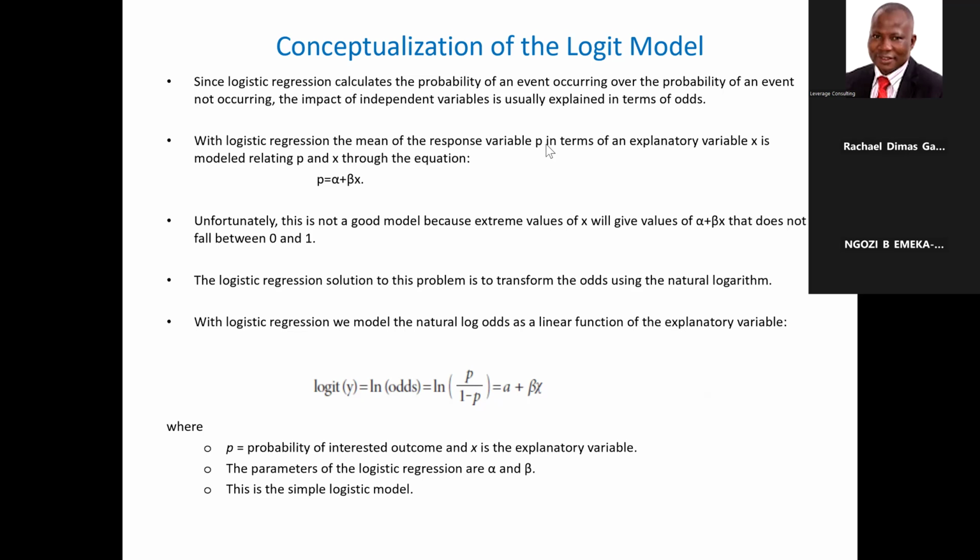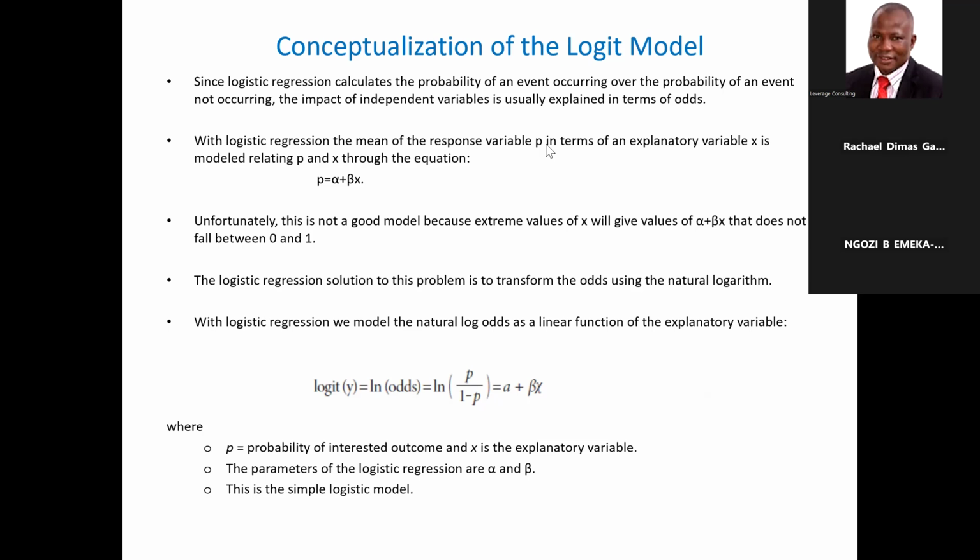So what you are looking at is the probability that it is male or female. The odds of it being male is the probability that it is male over the probability that it is not male. That is the odds.